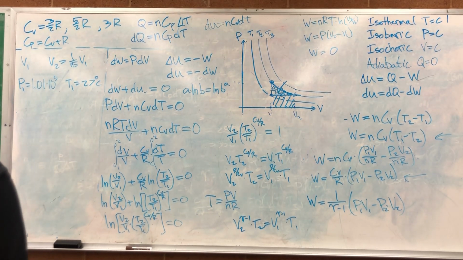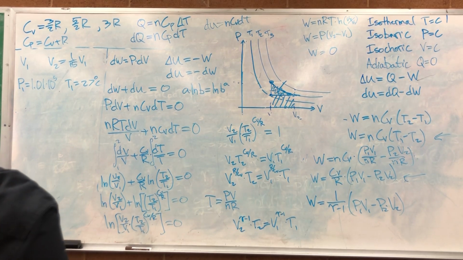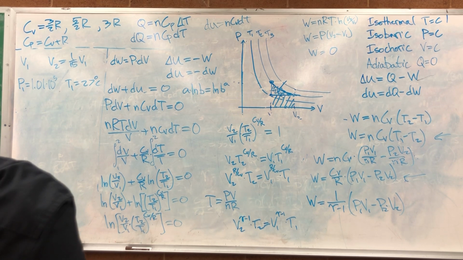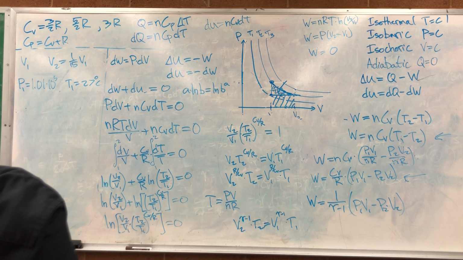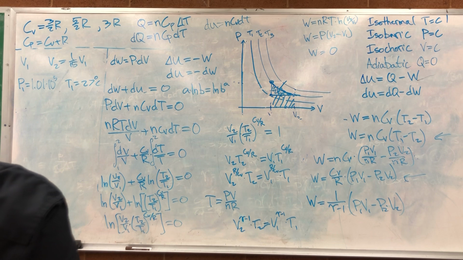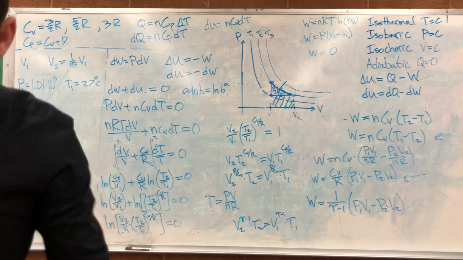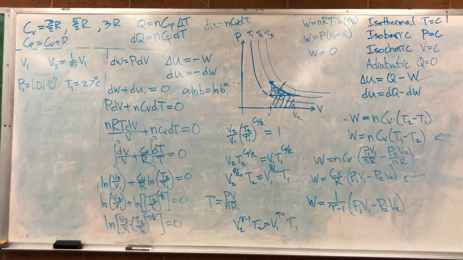And then find the final pressure and temperature after the adiabatic compression. How much work does a gas do during the compression if its initial volume is whatever? Okay, so let's see. If the initial pressure is this and the initial temperature is this, find the final pressure and the final temperature.